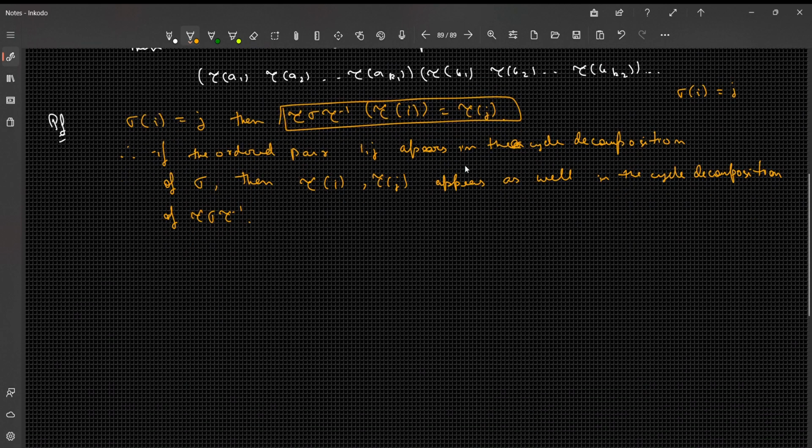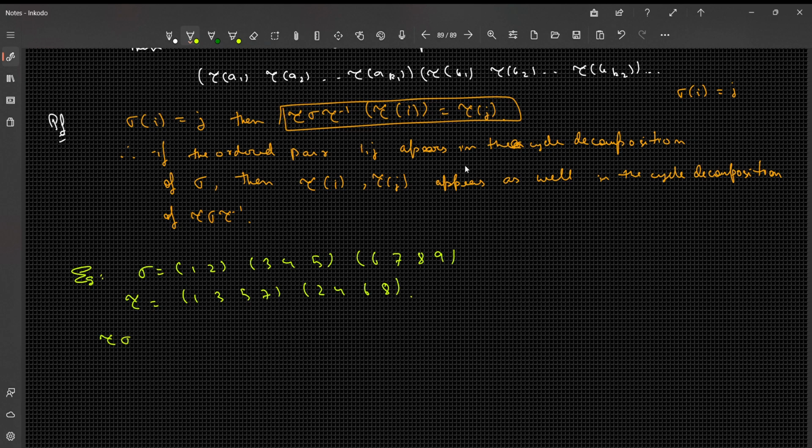Okay, let us take a quick example of this. Suppose we have sigma equals 1, 2, 3, 4, 5, 6, 7, 8, 9, and tau equals 1, 3, 5, 7, 2, 4, 6, 8.